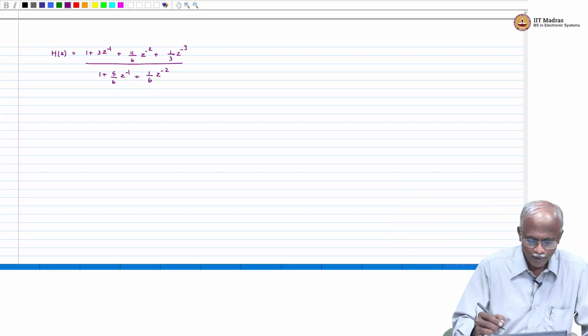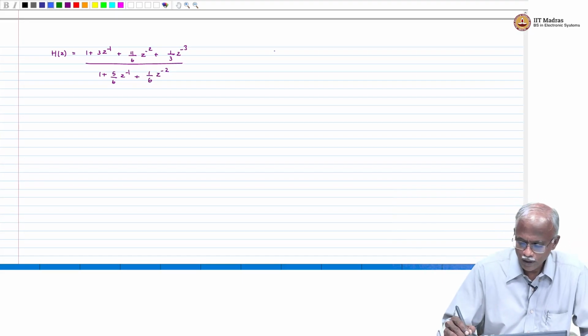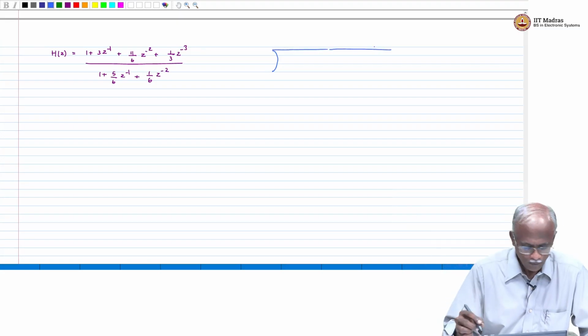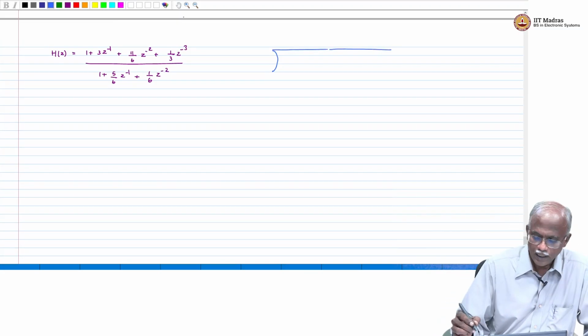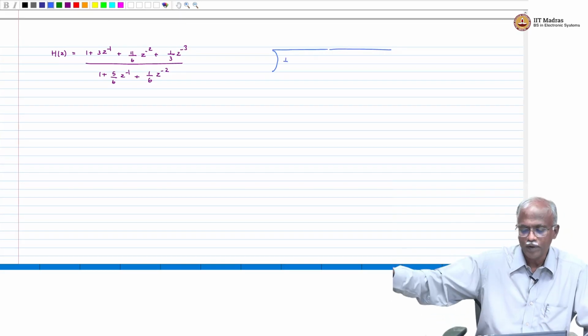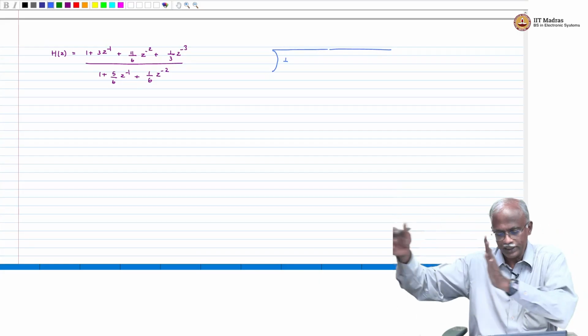Typically what we do is you can do a long division, polynomial division, where you write this term in the increasing powers of z. So z to the minus 3, z to the minus 2, so basically increasing.